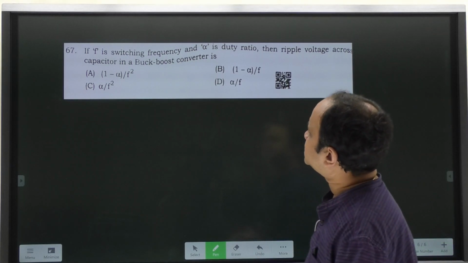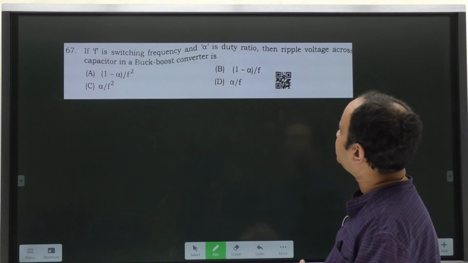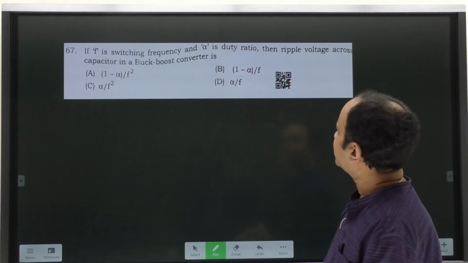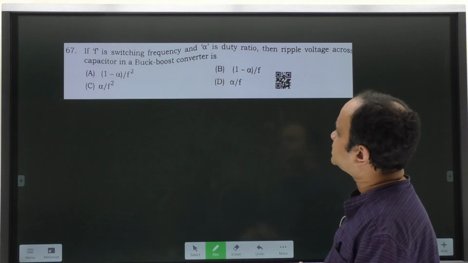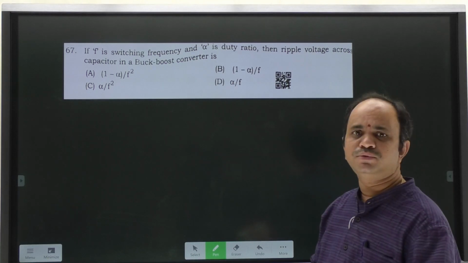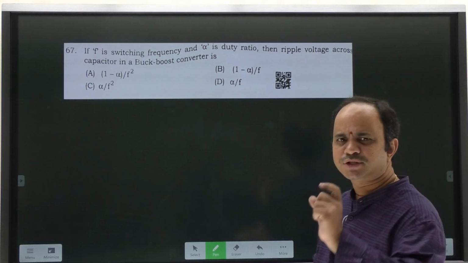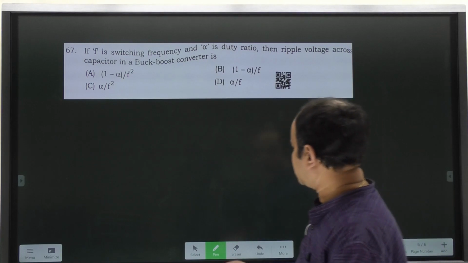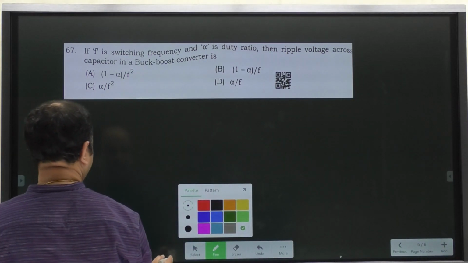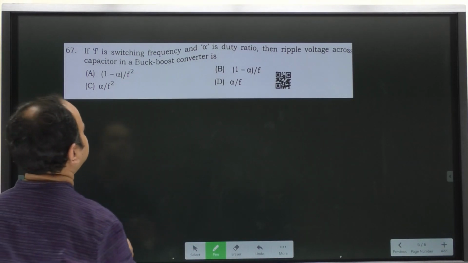If f is switching frequency and alpha is duty cycle ratio, then the ripple voltage across the capacitor in a buck boost converter is... There is a small assumption in this question, it is not mentioned clearly, but we can make a small assumption. So what is that?